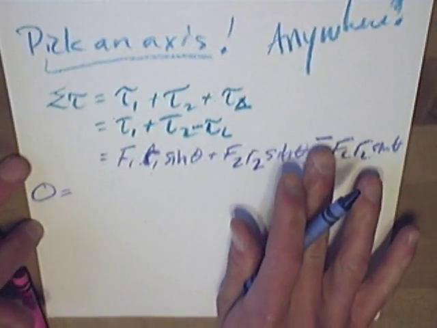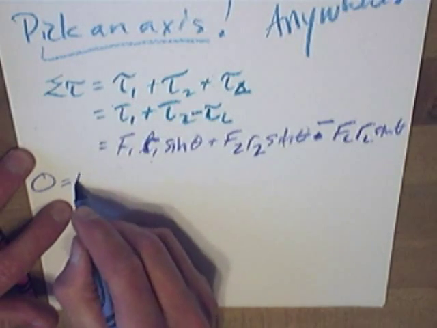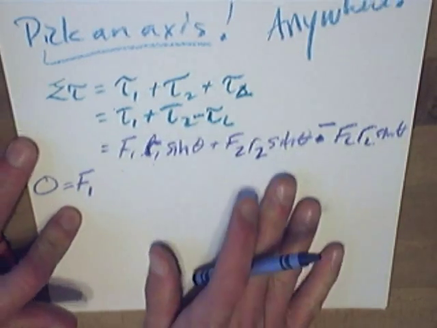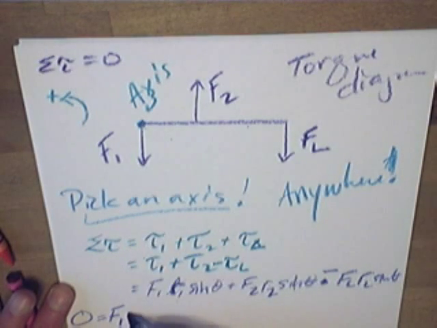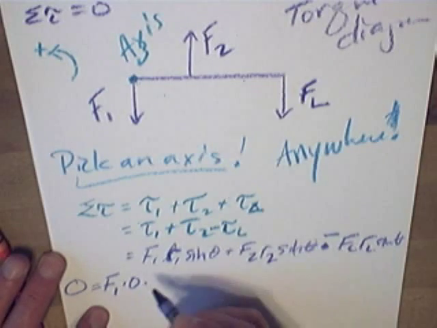These add up to 0. For F1, the distance between where my force acts and the axis is 0. That's why I picked it that way.